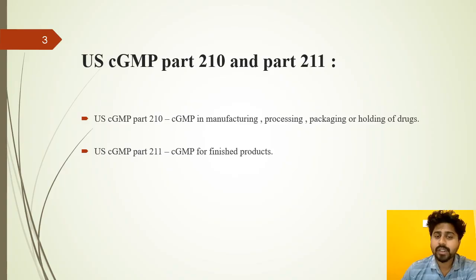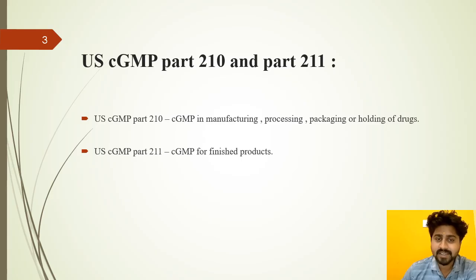US cGMP Part 210 and 211. If you think of US FDA regulations, that is 21 CFR, the Code of Federal Regulations. Title 21 includes food and drugs basically.